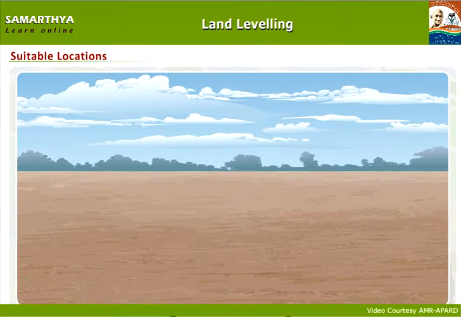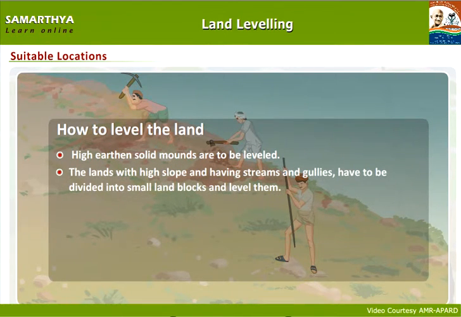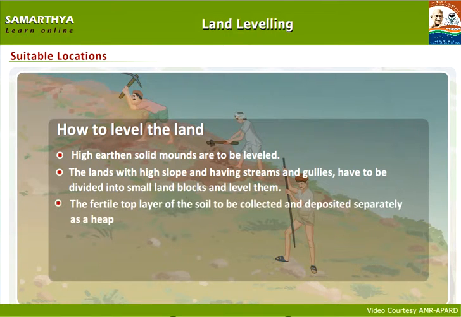Let's revisit the important points of how to level the land once again. First, high earthen solid mounds are to be leveled. The lands with high slope and having streams and gullies have to be divided into small land blocks and leveled.